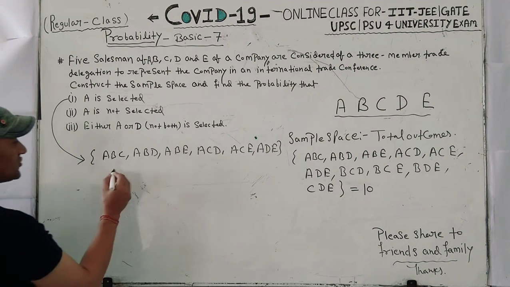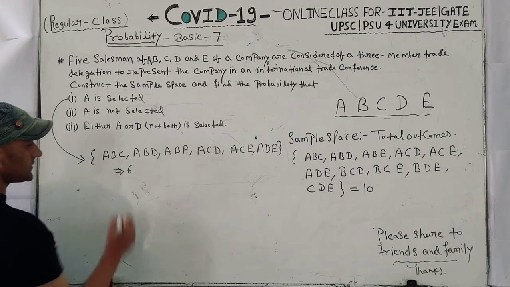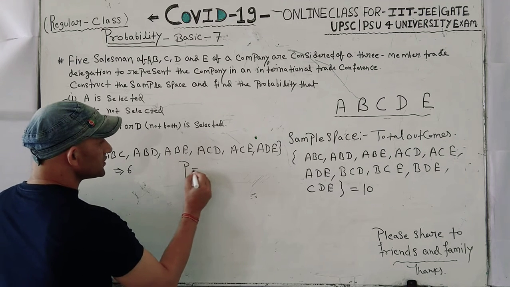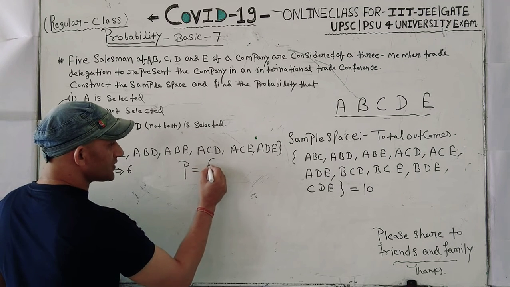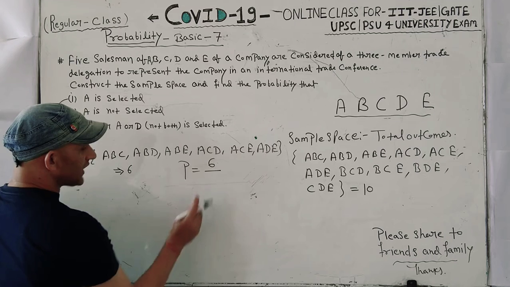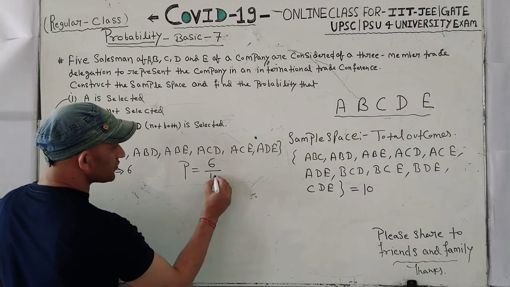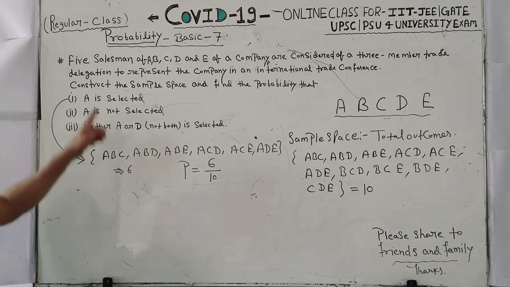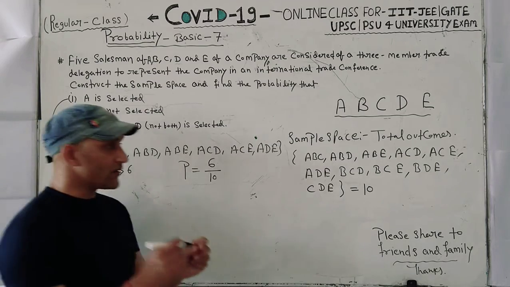The favorable cases are 6, so the probability is 6 out of 10. That is the probability for case number 1.